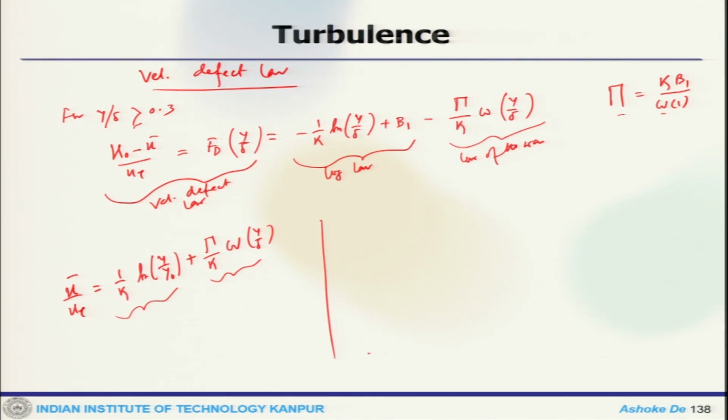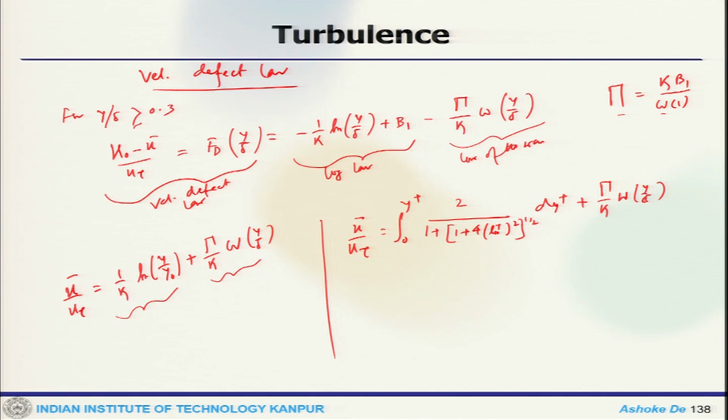So, for a complete smooth wall, the velocity expression in the boundary layer would be u by u tau equals the integral from 0 to y plus of 2 by 1 plus the square root of 1 plus ... dy plus, plus pi by kappa w of y by delta.